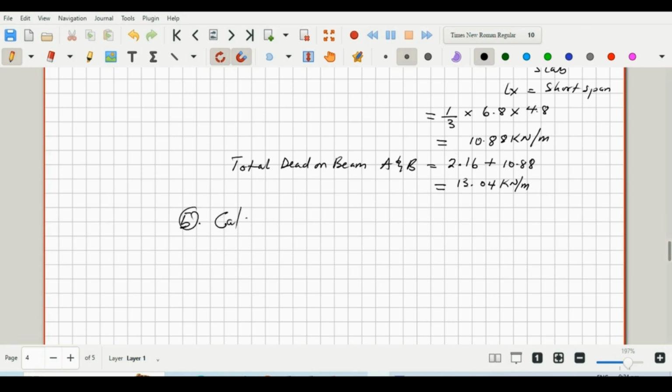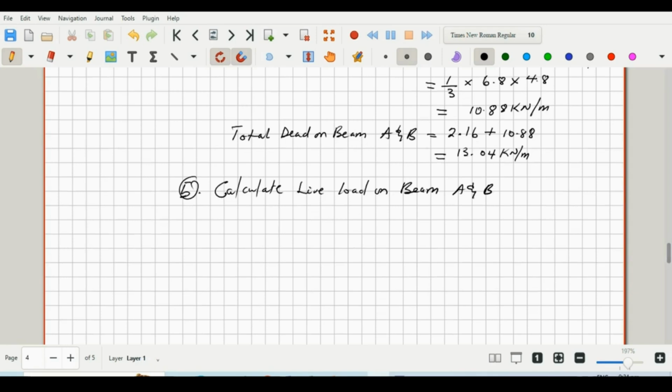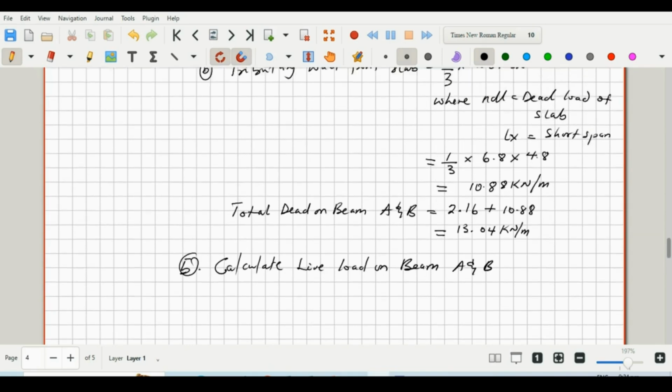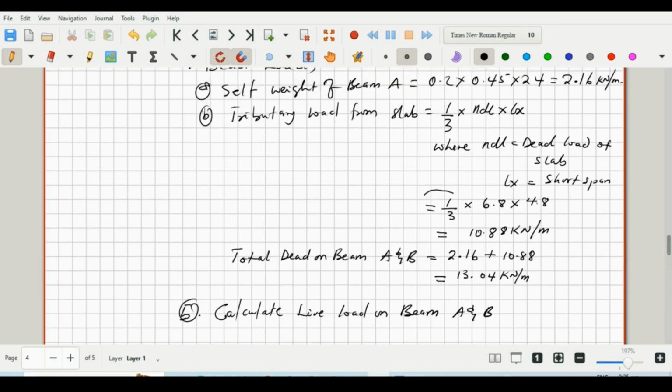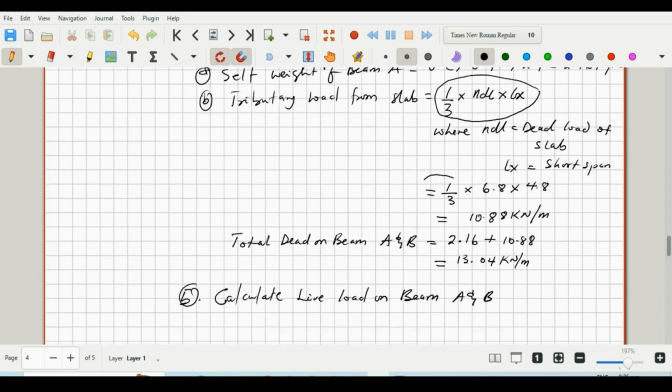Calculate life load on beam A and B. Okay, so with the life load, we'll just consider the tributary load from the slab, and we'll use the same formula we used previously. We'll substitute the NDL with NLL, that being the life load of the slab.